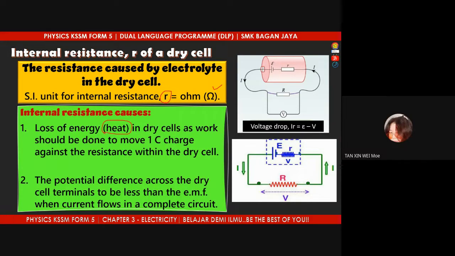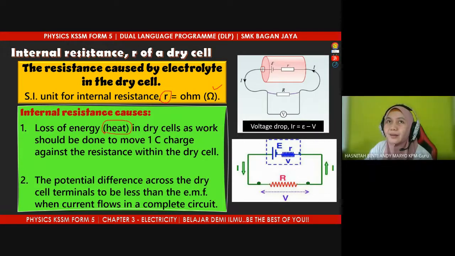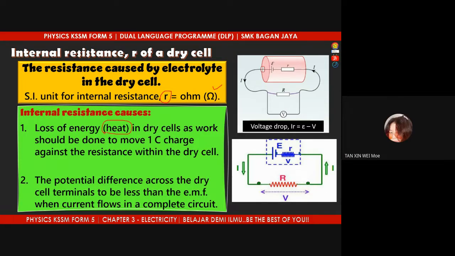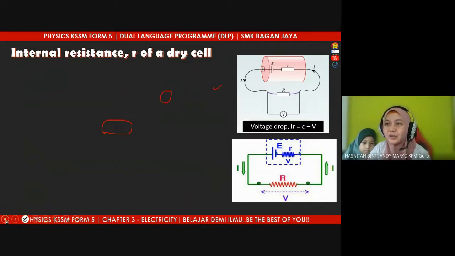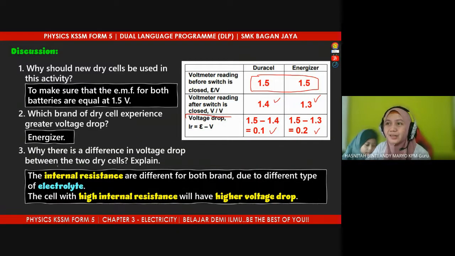For the previous question, if I answer by just writing more heat energy is released, will I get the mark? Which one, the voltage drop? The question 3, the previous question, which one gives a higher voltage? This one. Why is there a difference in voltage drop?